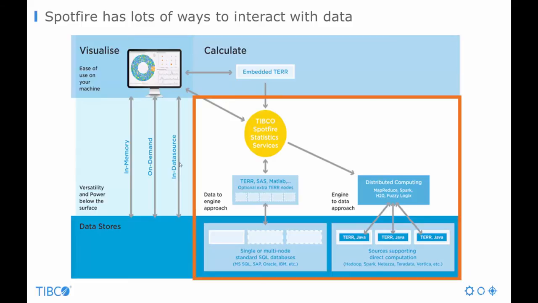Let us explain our server resources. Spotfire can call calculations to be run on shared resources using TSSS. TSSS stands for Tibco's Spotfire Statistics Services and is a gateway that Spotfire uses to connect to a number of statistics engines, or even to call calculations on distributed clusters such as Hadoop.